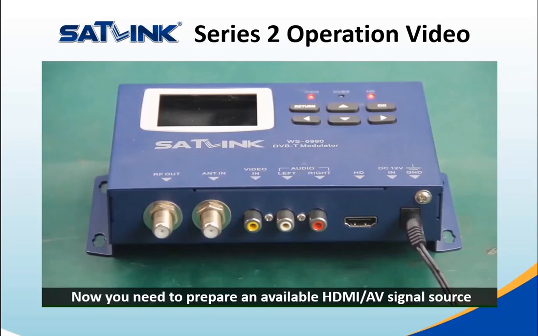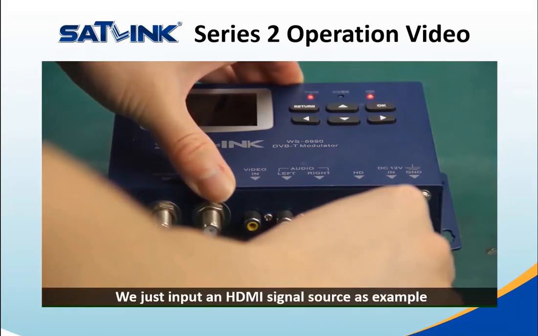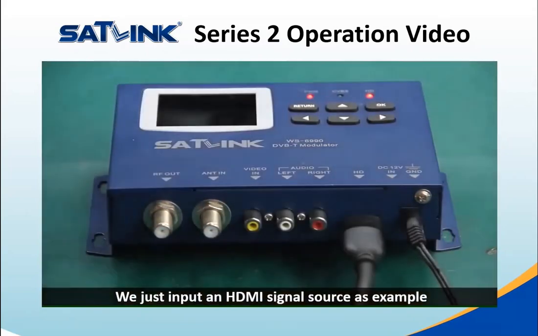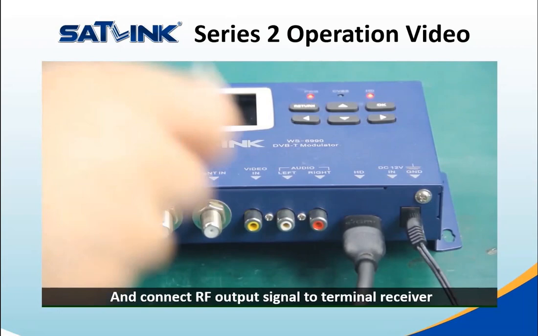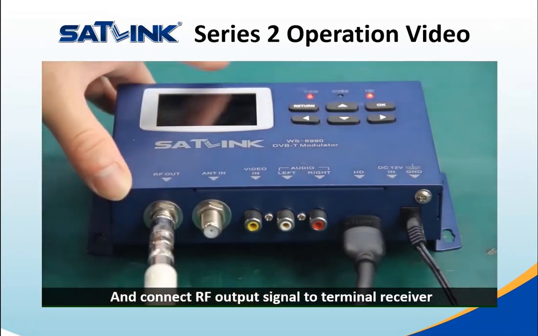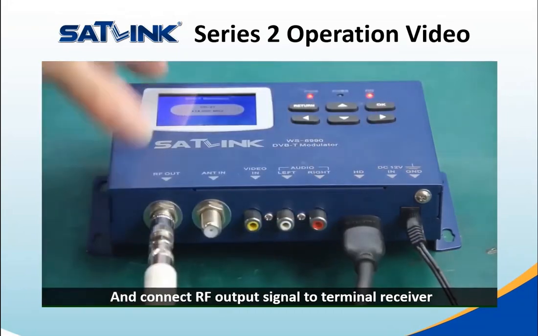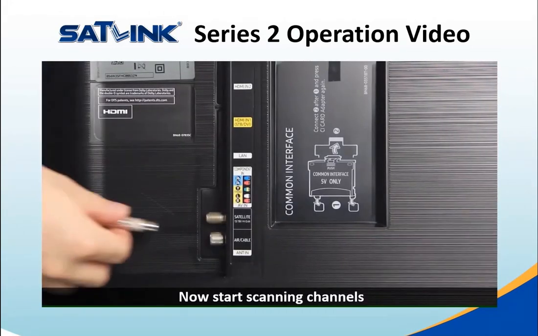Now you need to prepare an available HDMI AV signal source. We just input an HDMI signal source as example, and connect RF output signal to terminal receiver. Now start scanning channels.